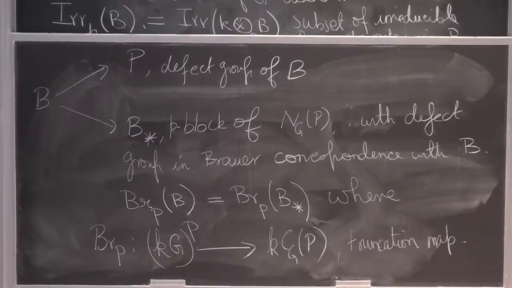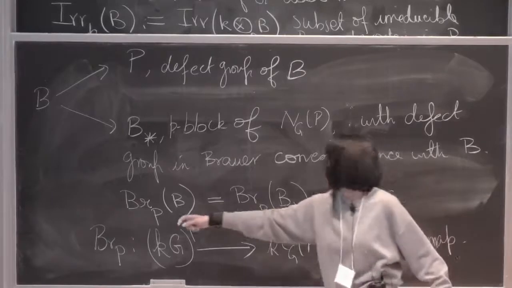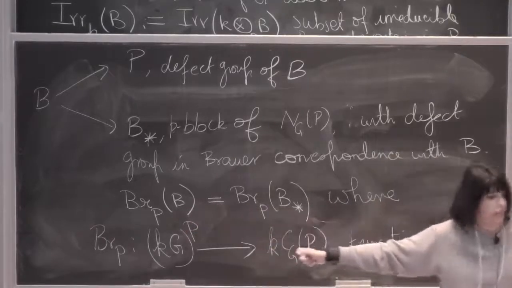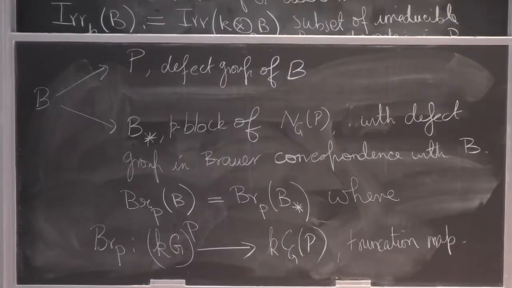Okay, so this is the pair P and B star. The way I think of it is it's the top layer of the local structure of B. I've been considering the Brauer homomorphism with respect to this P-subgroup P, but you can also, of course, look at it for other P-subgroups of G, in particular for the subgroups of P itself. When you allow yourself the entire poset of P-subgroups, you can enrich this top layer.